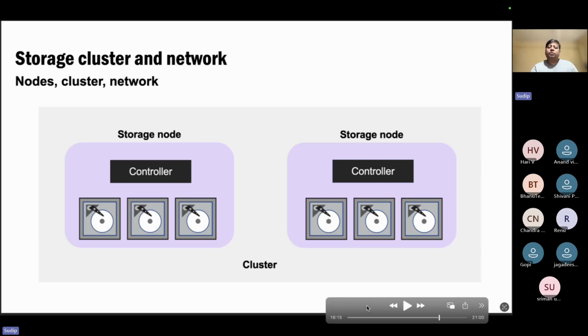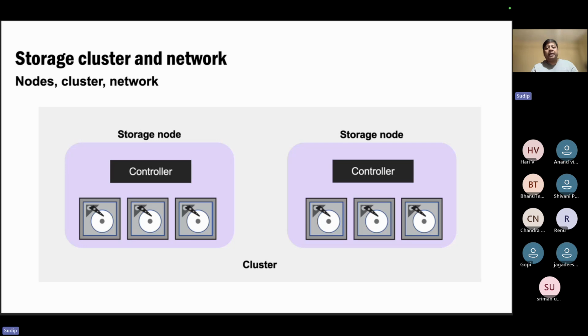Whenever multiple storage controllers come into the picture to help serve read and write requests, they are called a cluster. They are sometimes called an HA pair also. HA means high availability. Two form a pair, right?